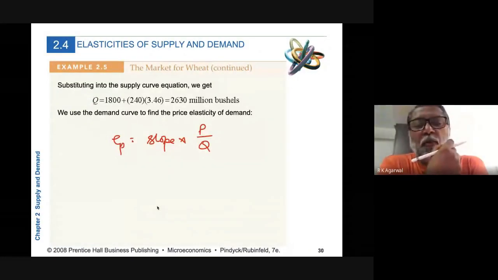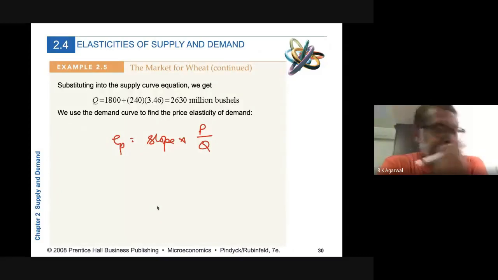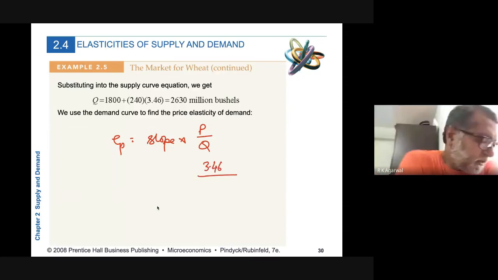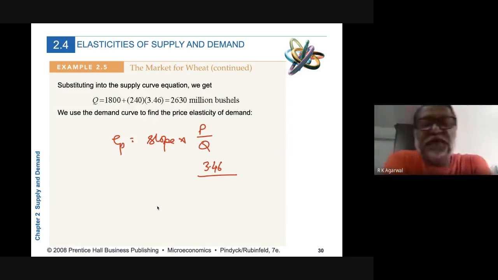So if price is 3.46, what is the quantity? 2630. And what is the slope of the demand curve?